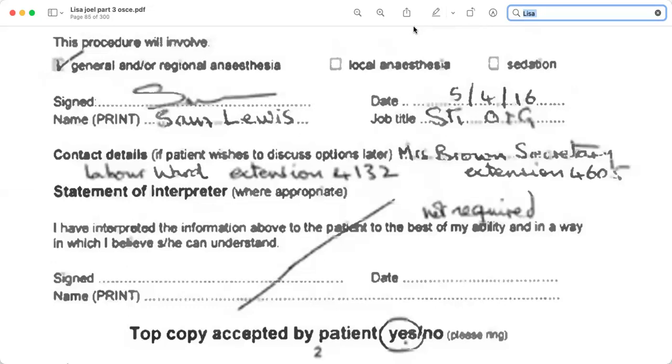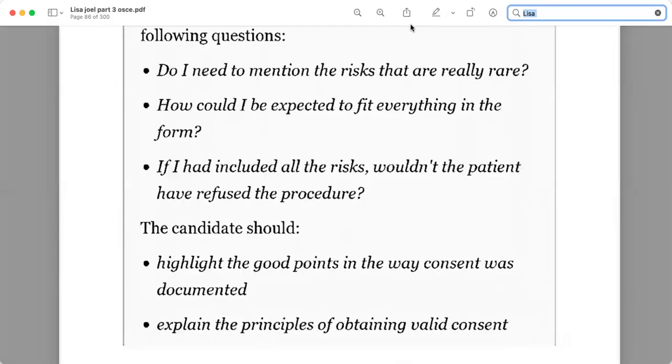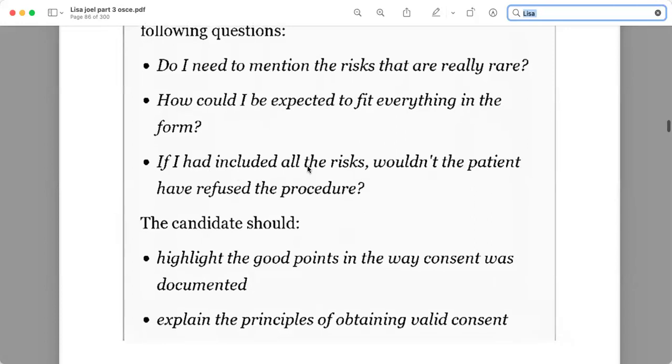Like today, as a role player, I should have asked you: do I need to mention the risks that are really rare? How could I be expected to fit everything in the form? If I had included all the risks, wouldn't the patient have refused the procedure?